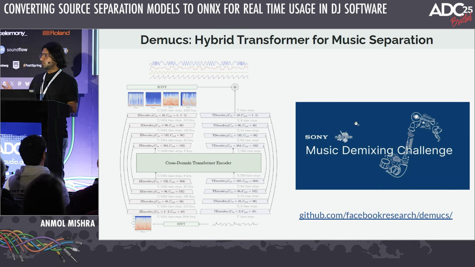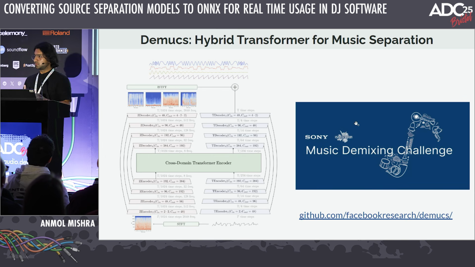And there are now later additions to this model, which is one of the ones that we export in this work. But the idea is that a lot of state-of-the-art models today also use some sort of Demucs-based foundations. So if we can export this and solve some of the problems in the export of this model, we can easily deploy the newer models as well.